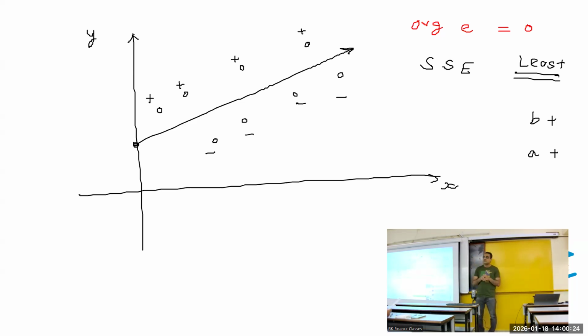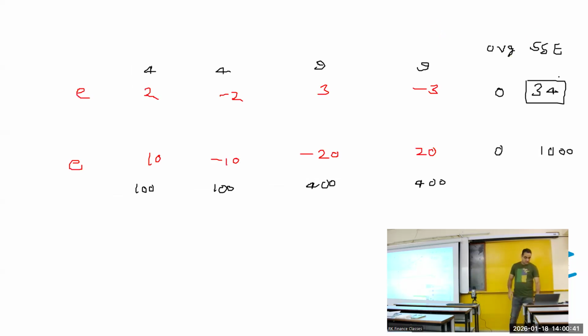And number 2, because some errors are positive and negative, they are cancelling out with each other, and you don't want that, so you should square the errors, then sum it. So sum of square errors should be lowest, because you don't prefer the error to be higher, you prefer the lower values of the error. So between these two models, the first model has lower SSE, the sum of square of error is lower, and hence that is a better model than the second model.